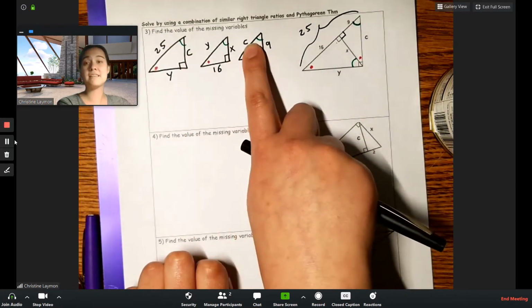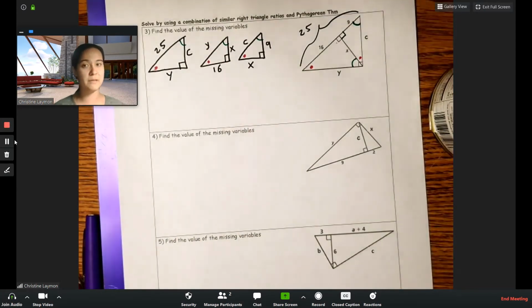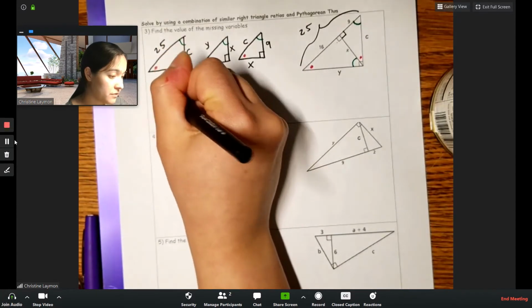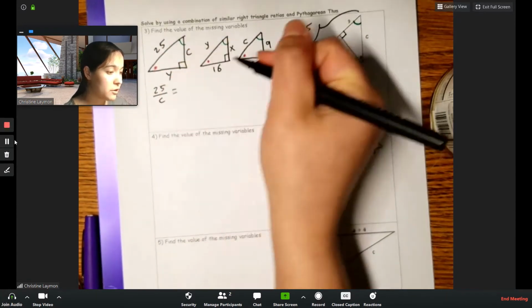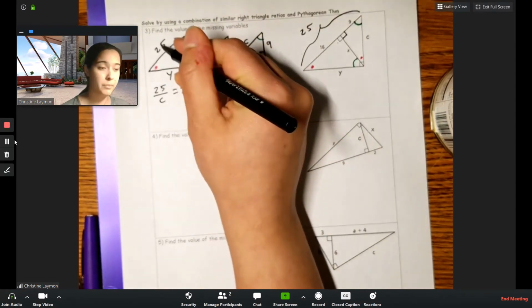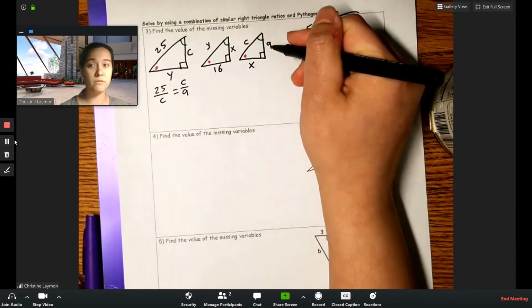I have c and 9. So I have the same variable twice, even though they don't perfectly match up. I'm going to go ahead and use that to make my first proportion. I have 25 over c equals c over 9. So I did hypotenuse over far right equals hypotenuse over far right.